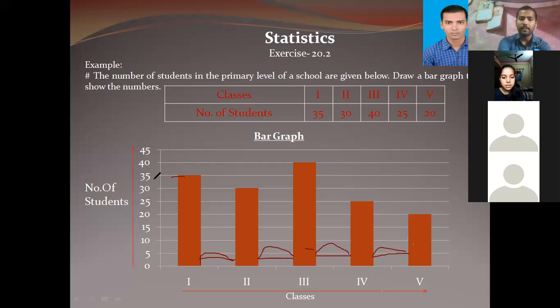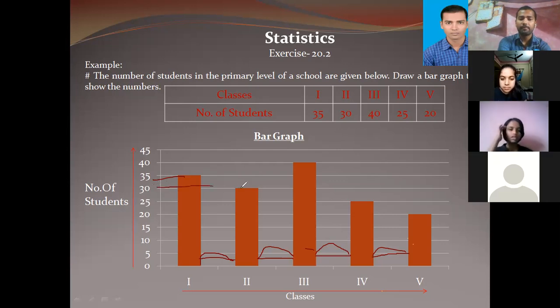You can see here. In the same way, in class 2, the number of students are what? 30. You can see here. 40. So in this way, can you draw the other? Is there any problem?